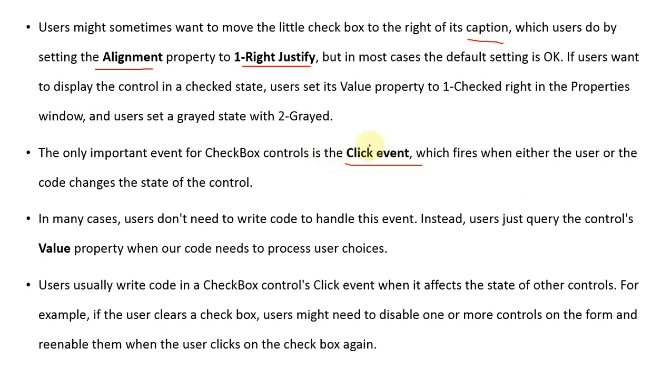So both selection and deselection are done with the click event, which fires when either the user or the code changes the state of the control. In the code we have to detect whether the checkbox is selected or not, and then take the decision.